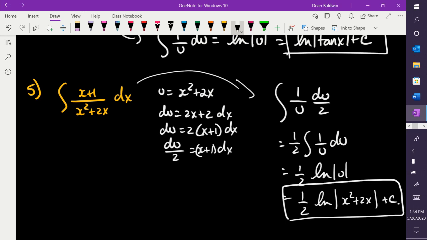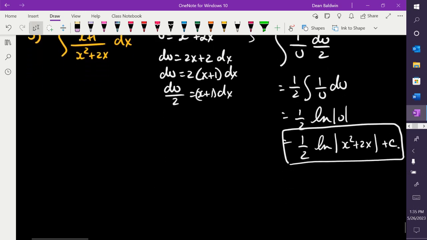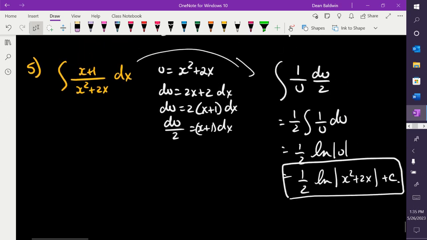You ready? One half natural log of the absolute value of x squared plus x. Yeah? Yes. So the other way is the shortcut.